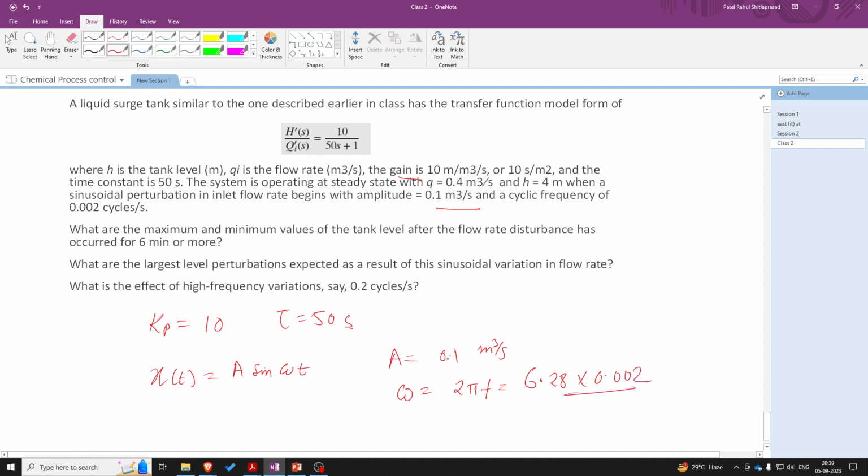Then we have been asked to find the maximum and minimum values of the tank level after the flow disturbance has occurred for 6 minutes or more.